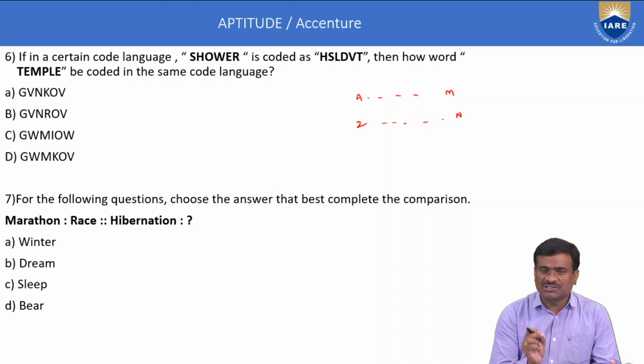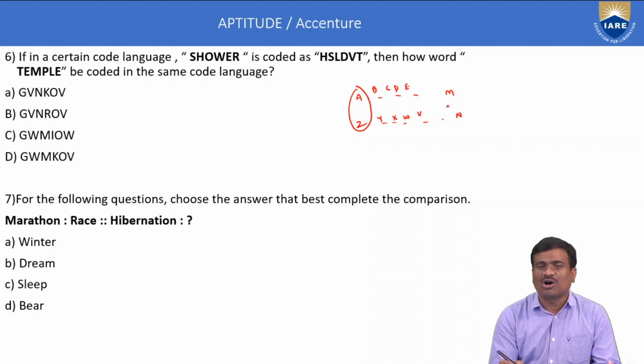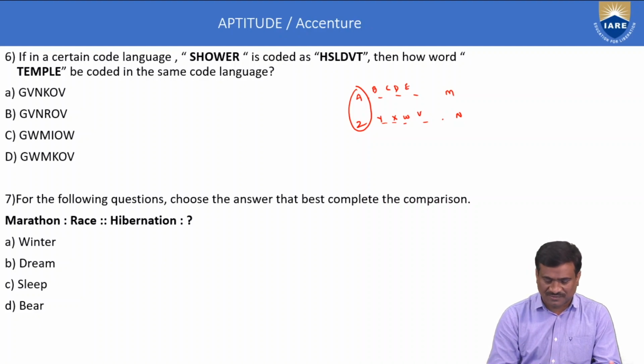A to Z, Z to A is a cyclic repetition, not ending. This question depends on the letter-opposite concept. Suppose A opposite Z, B opposite Y, C opposite X, D opposite W, E opposite V and so on, M opposite N.